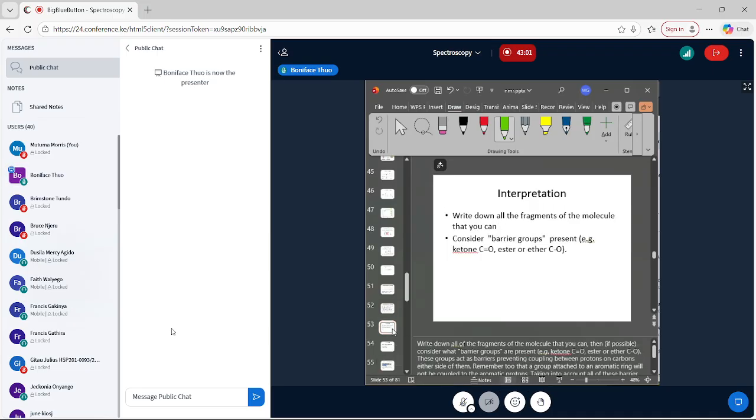Then, of course, the other consideration: we have looked at the chemical shift, we have looked at the splitting pattern. The other thing to consider is the ratios of intensities, that is the integration peaks or the integration lines. By looking at those, you are able to work out the possible ratios of the hydrogens present in the molecule.